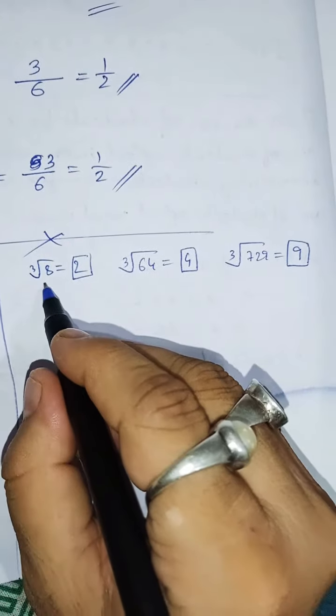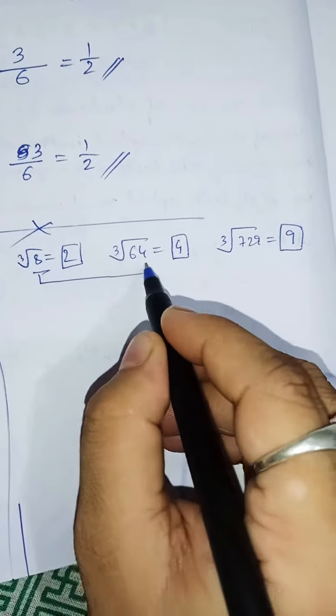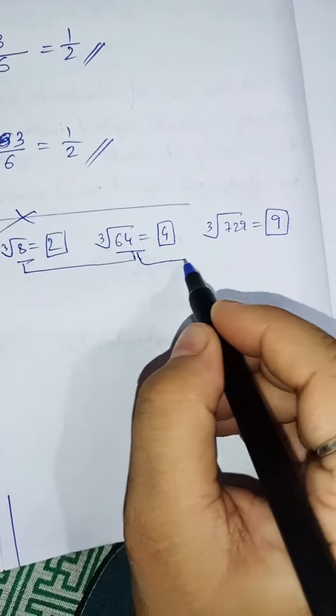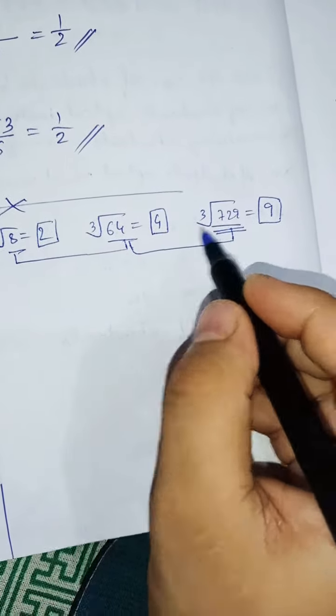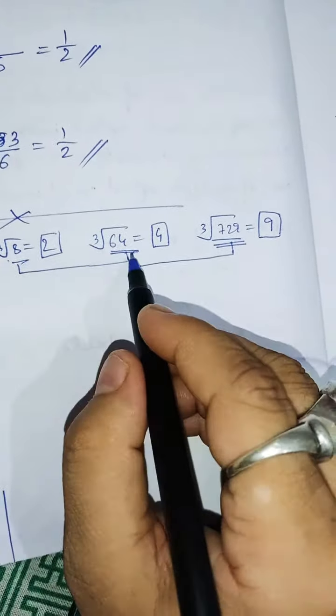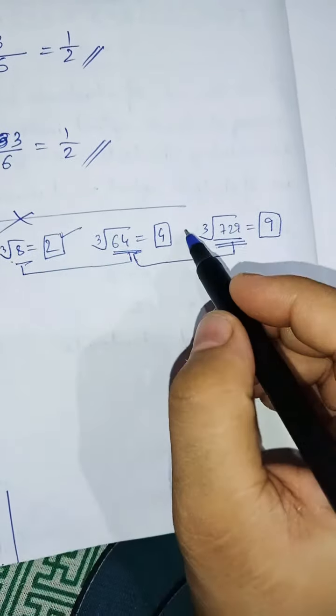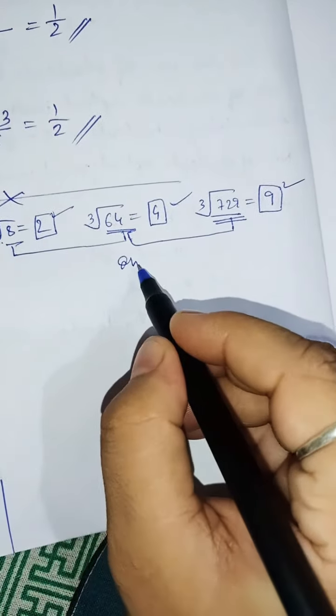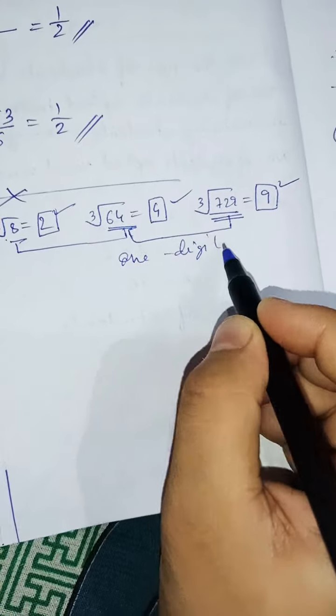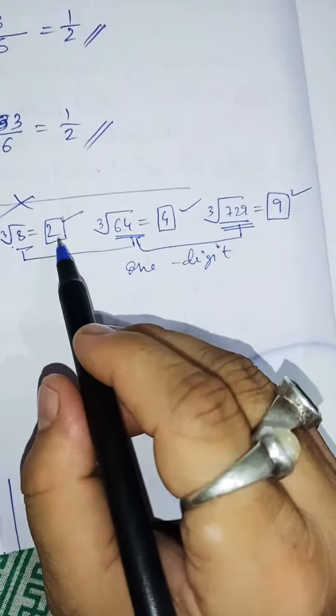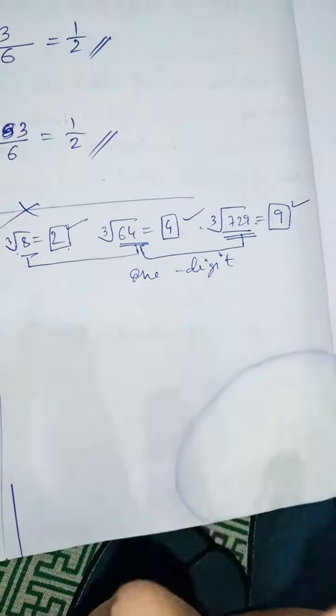That means if a number has one digit, two digits or three digits, then the cube root will have only one digit.